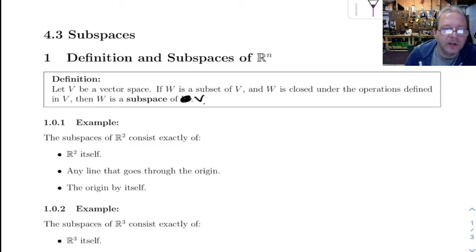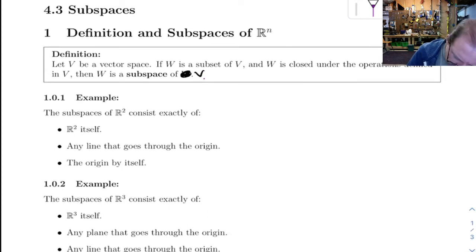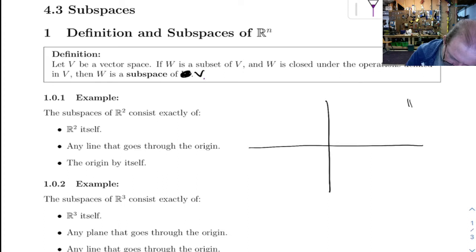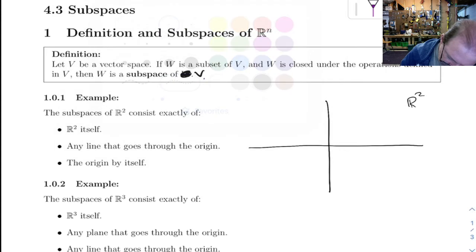So before we go through these examples here, I want to look at one example. Here's the plane R2, and we've already seen that R2 is a vector space. Well, let's look at the line that goes through the origin. I'm going to do the line y equals x.